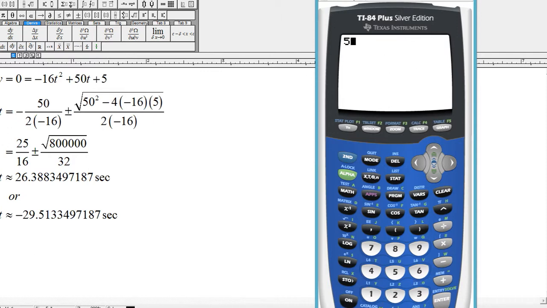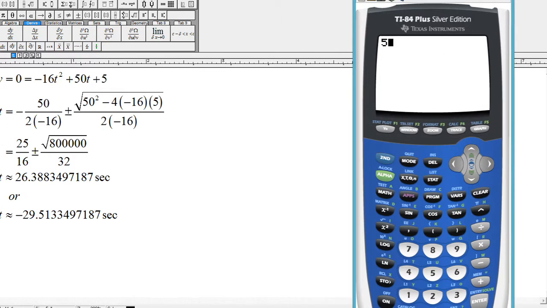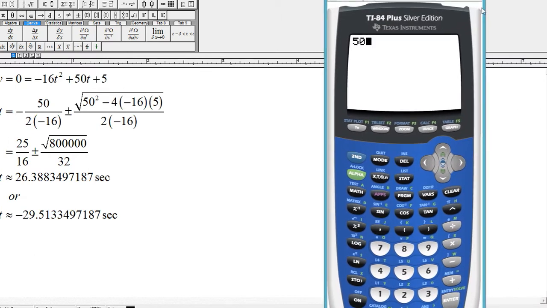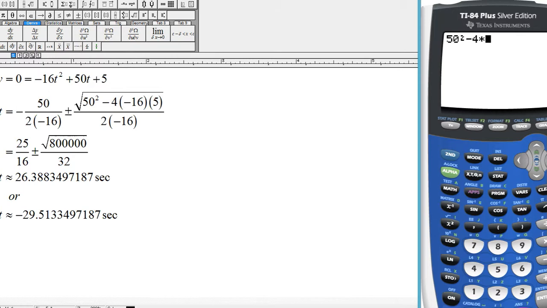50 squared minus 4 times a negative 16 times 5. 2820.